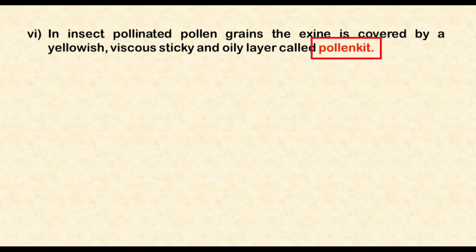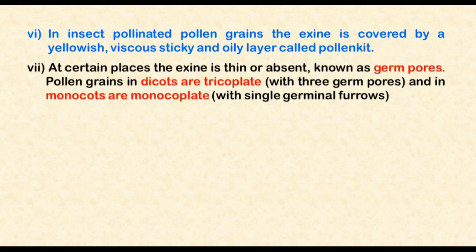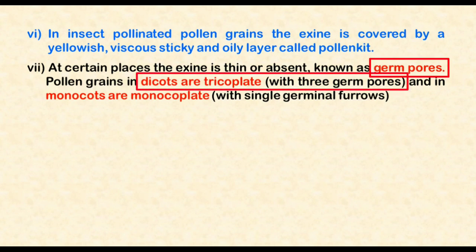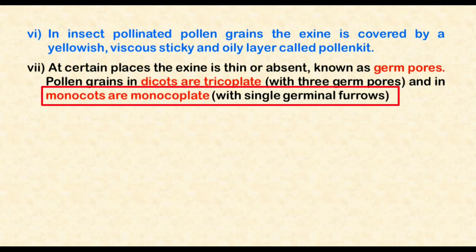At the time of pollination, these pollen grains stick to the body of the insect and are transferred to the stigma of another flower. At certain places, the exine is thin or absent, known as germ pores. There are 3 germ pores in dicot, known as trichotomocolpate, and there is only a single germ pore in monocot, known as monocolpate.